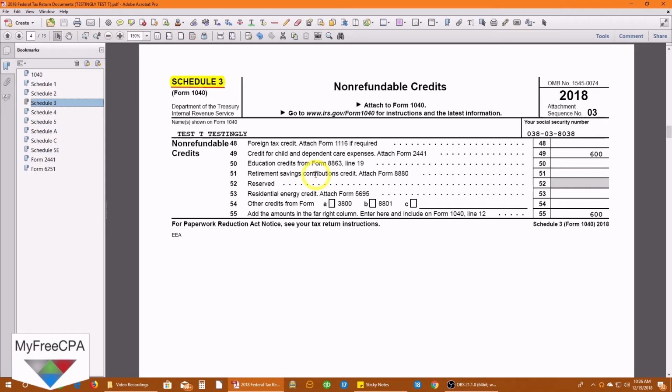The government will reward you. A residential energy tax credit: new windows that are energy efficient, a new boiler that's energy efficient, a water heater. We get credits for these. These are non-refundable credits. This means they can only bring your tax liability to 0 and not below.